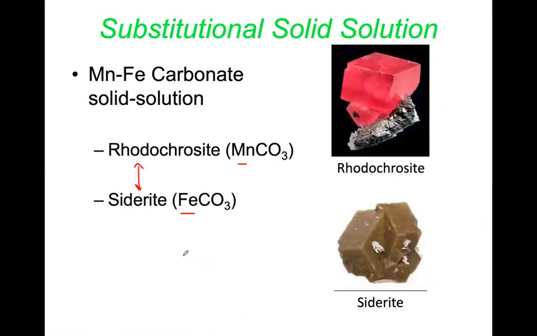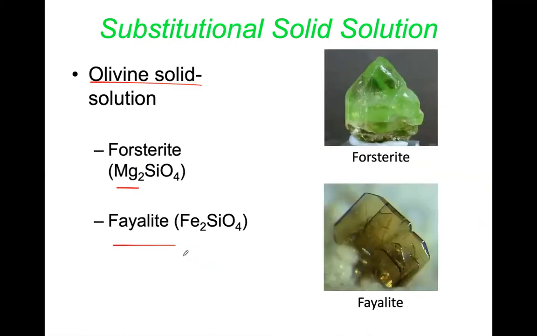In this type of situation, even for example forsterite and fayalite, magnesium and iron can be mixed together, and can be unmixed also when it is reversible. This is straightforward, it is possible.